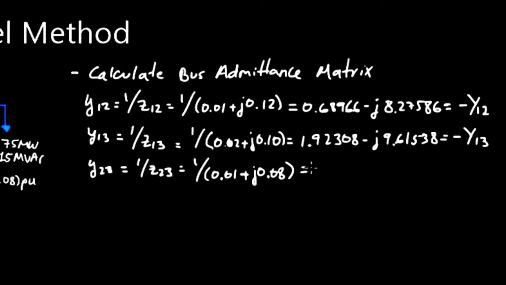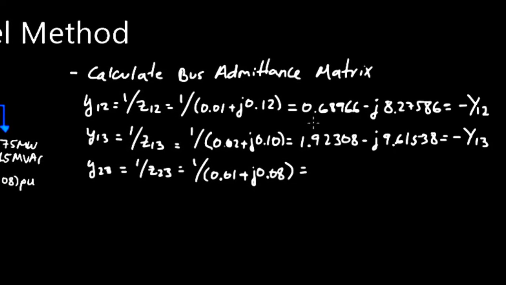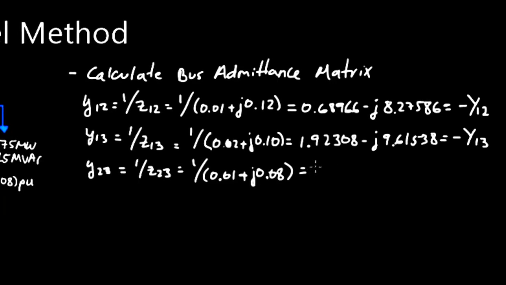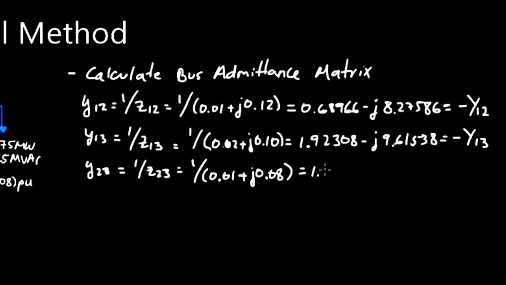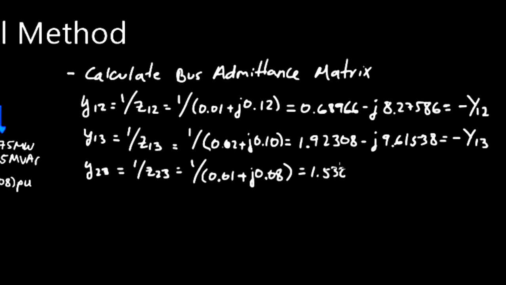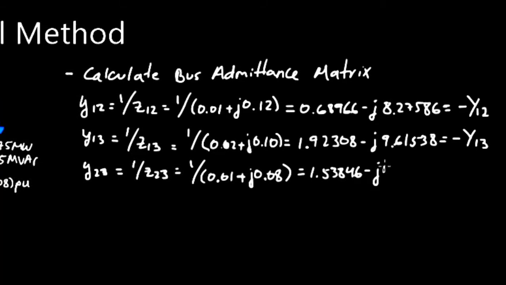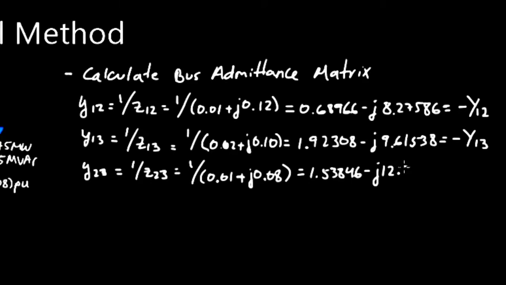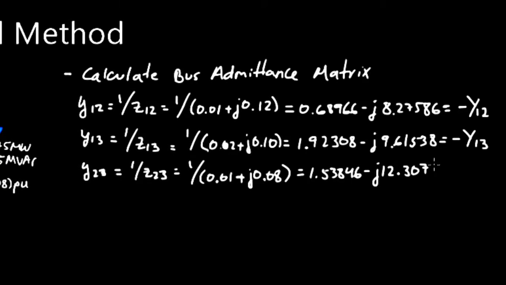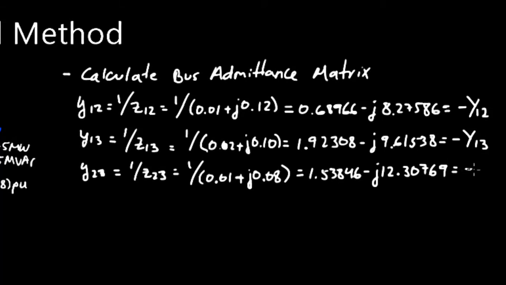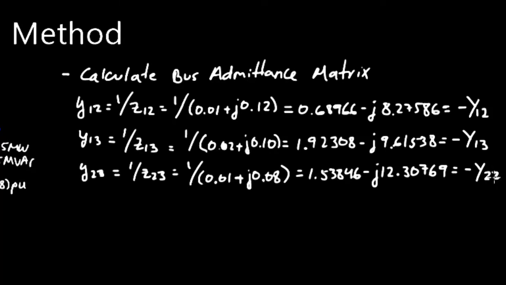And that's going to be equal to 1.53846 minus j12.30769. That's equal to minus uppercase Y23.